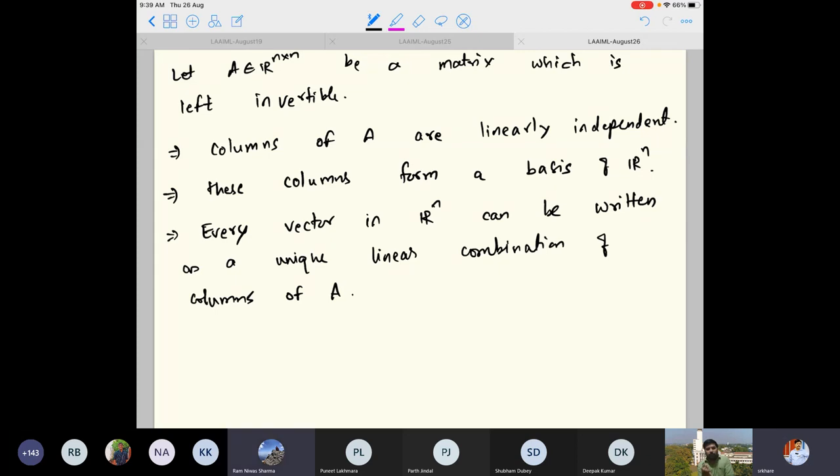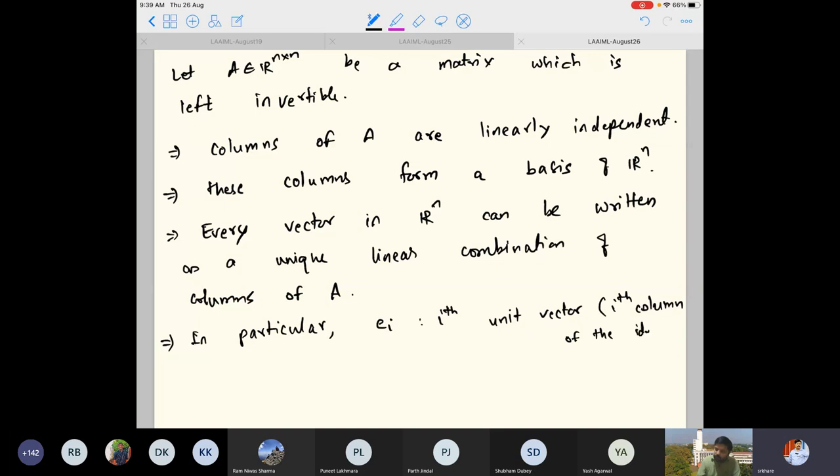The columns of the identity matrix. Correct, columns of the identity matrix. Excellent. So I will look at the identity matrix. In particular, consider e_i, the ith unit vector, right? So this is the ith column of the identity matrix, correct?